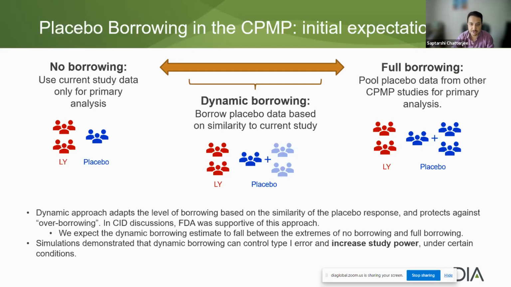So we are utilizing all data that is available, which is straightforward, and in some cases that also is appropriate. But in cases where we are not very sure, where there could be situations in which the historical cohort and the current cohort could be a little bit dissimilar, it's probably good to choose dynamic borrowing, because then we are borrowing the placebo data only based on the similarity to the current study.